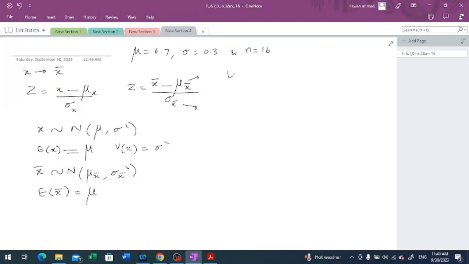So for the expected value of x bar, we take the left hand side quantity and write the expected value in this x bar formula in this way.